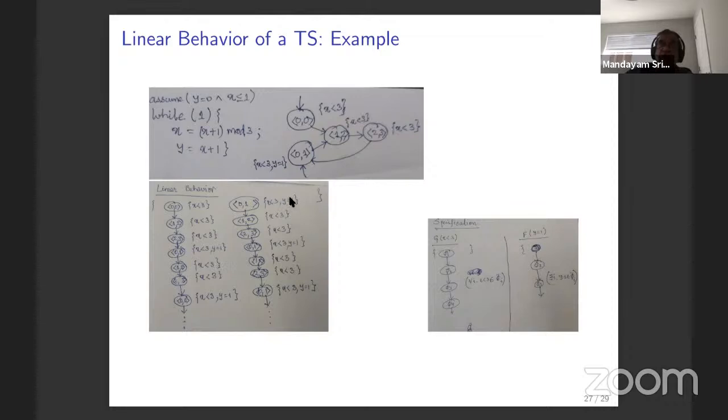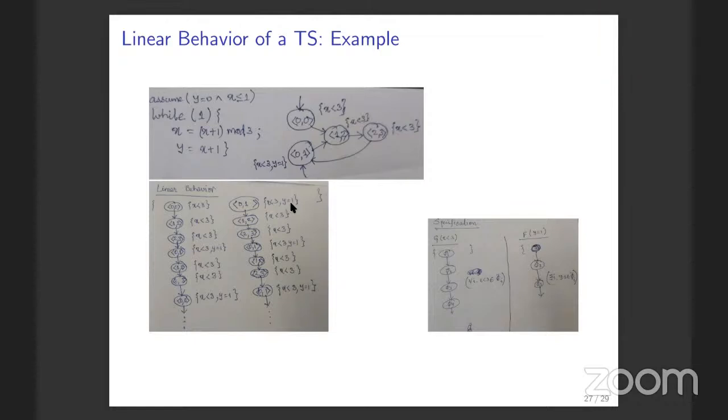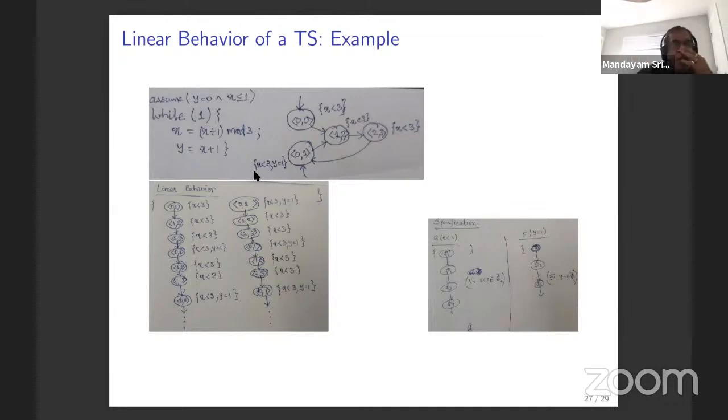So here y itself is 1. Oh, there's something wrong. In the initial state, y will be 1, right? No, actually that's wrong. Oh, y equal to 0. Yeah, y should be 0. No, this is wrong. There's a mistake here.